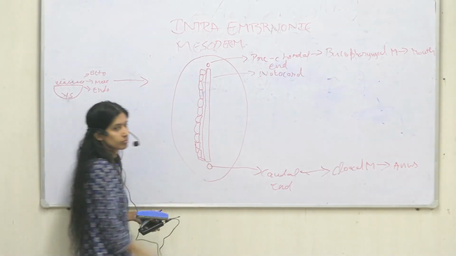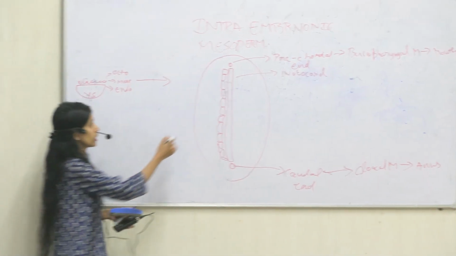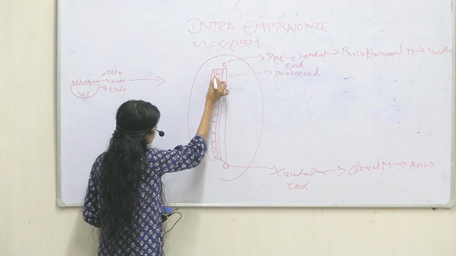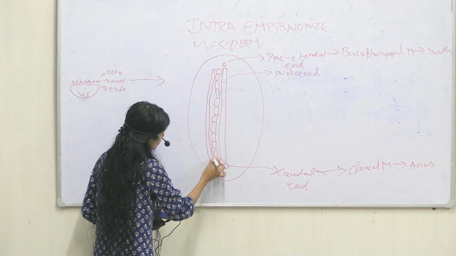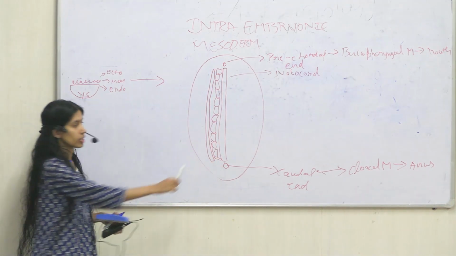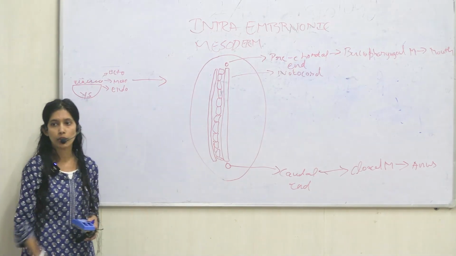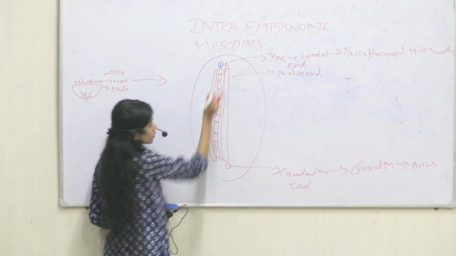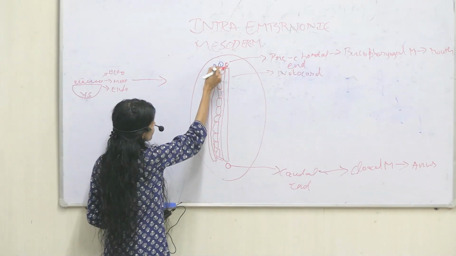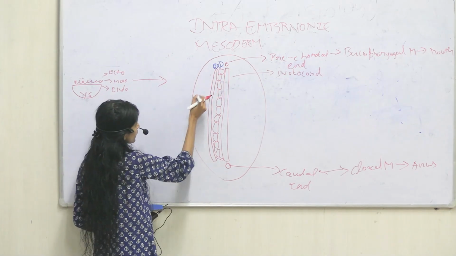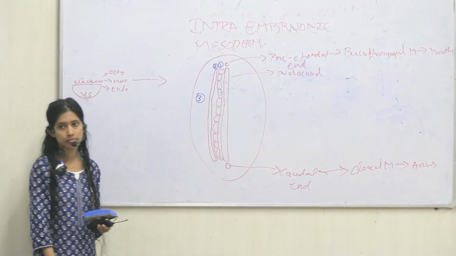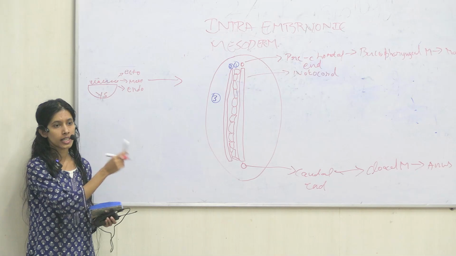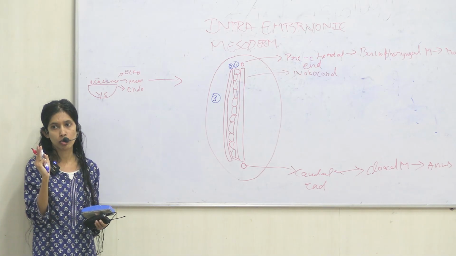Next to that we have one more vertical structure like this. Remember, these structures are present on both sides. I am drawing only on one side. So this will be the first part, this is going to be the second part, and whatever remains will be the third part. Is it clear?